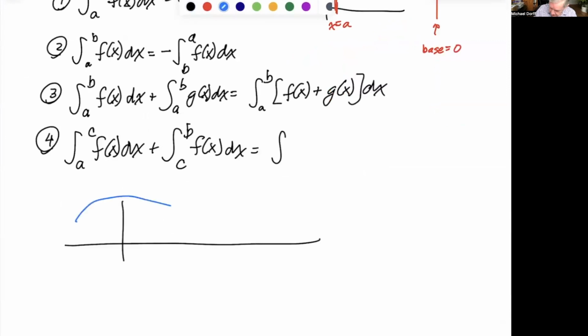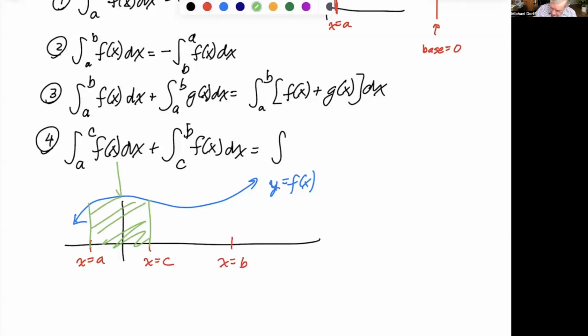So here's y equals f of x, and I have x equals a, x equals c, and x equals b here. This area here under the curve equals that integral there. This area here under the curve equals this.